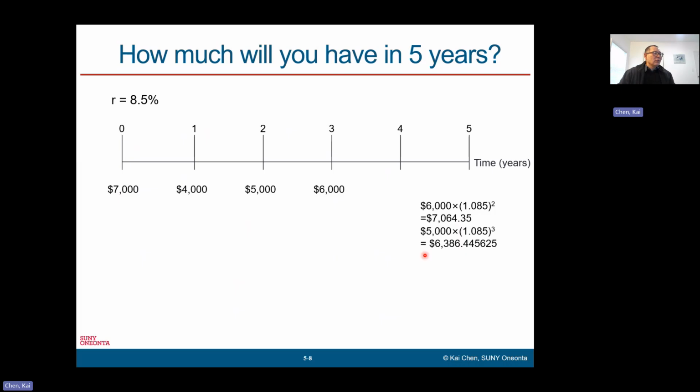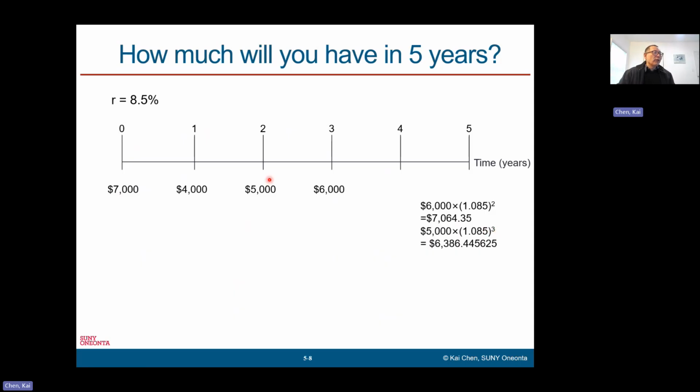Now let's look at the future value of this one, $5,000. Of course, future value equals present value times 1 plus R in the parentheses, that is 1 plus 0.085, raised to the third power. Why the third power?